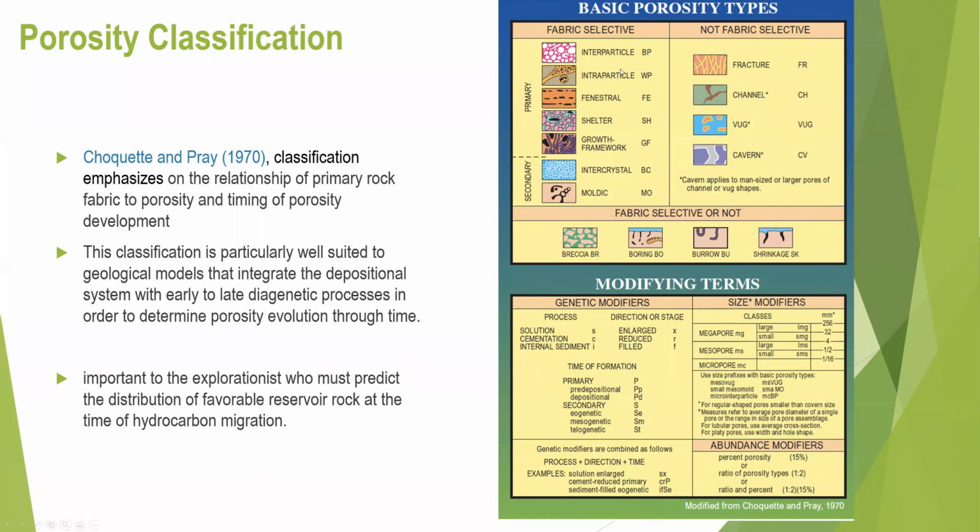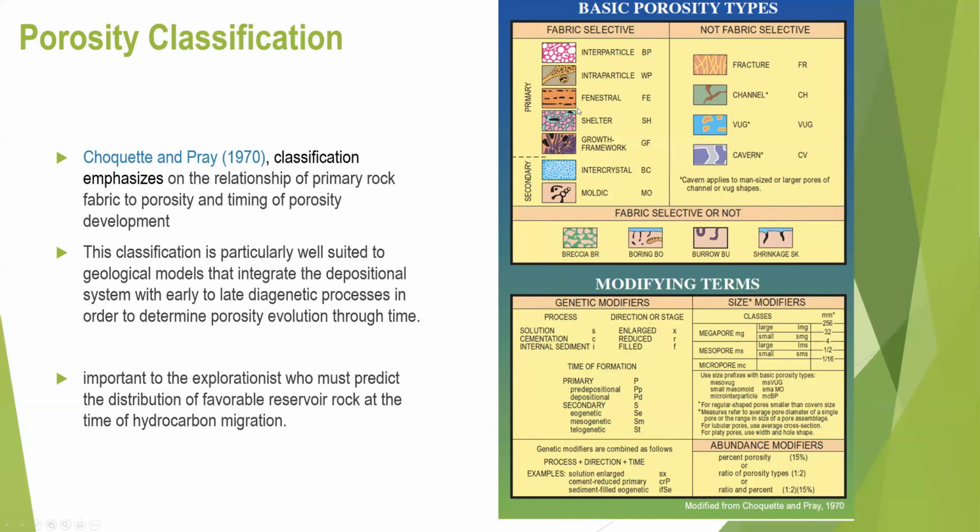Because actually, for example, in the rock fabric selective, you can have some sort of porosity, for example, 20%, 50% porosity. But when you look at the permeability, they are totally different. For example, one rock with vuggy porosity, one rock with intercrystalline porosity, they are different with each other in regards to porosity.